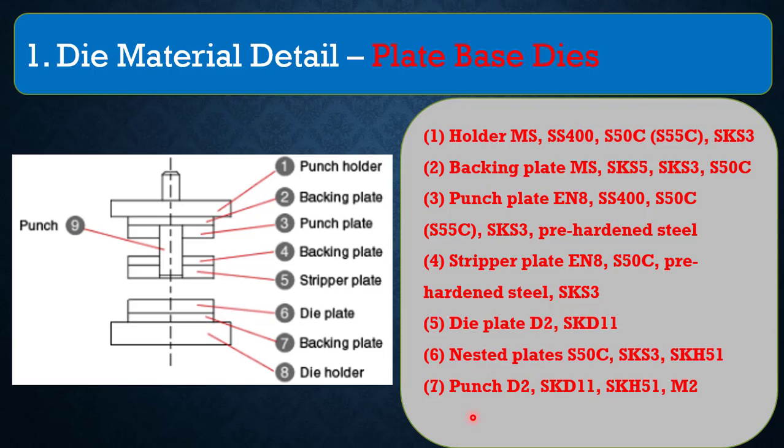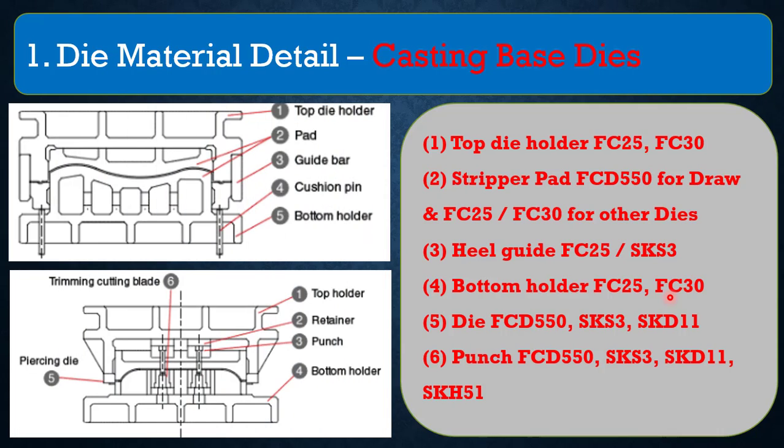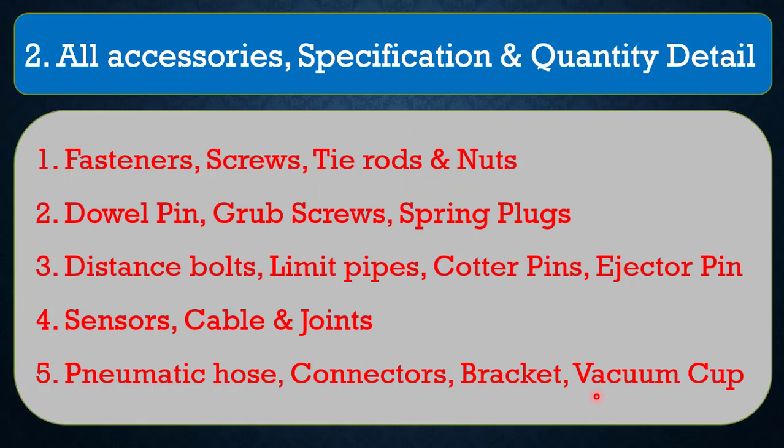These are the main components, and you can find various materials used depending on what is available in their own countries. In the casting based dies, you can find the top die holder, pad, guide bars, bottom die holder, punches, retainer. Basically the top die holder and bottom die holder are made up of FC25, FC30, with stripper pad, heel guides, bottom holder.